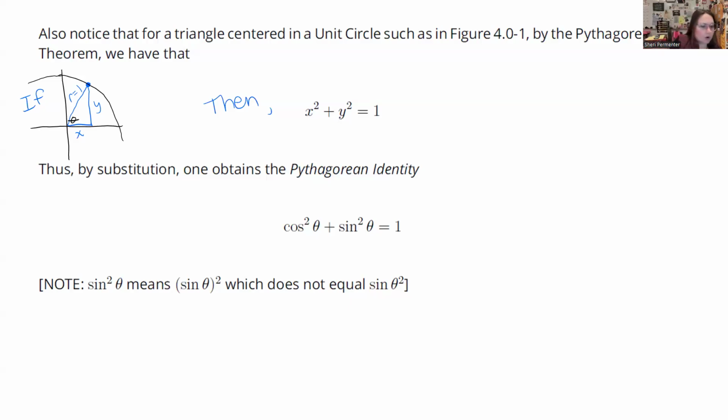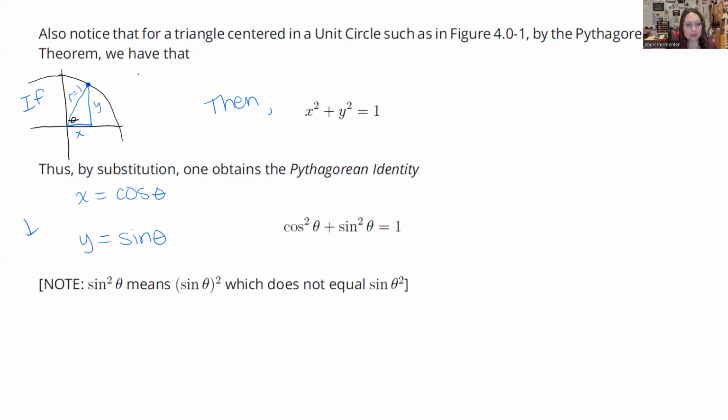Cosine. And so X goes with cosine. And from the central angle, that's called a central angle, across from it is Y, or opposite is Y. So Y goes with sine.